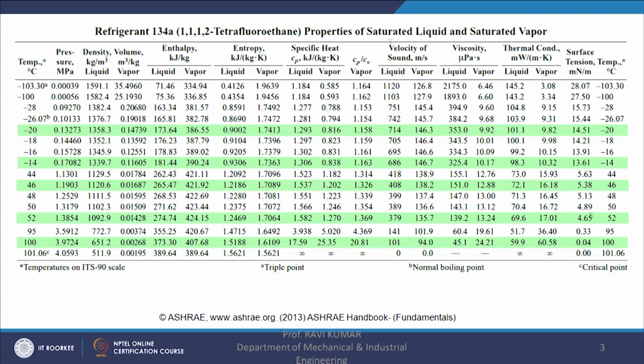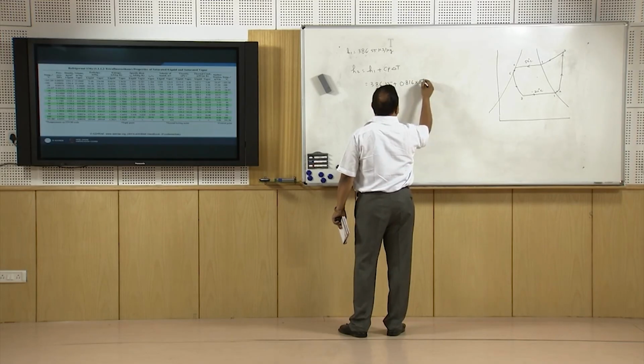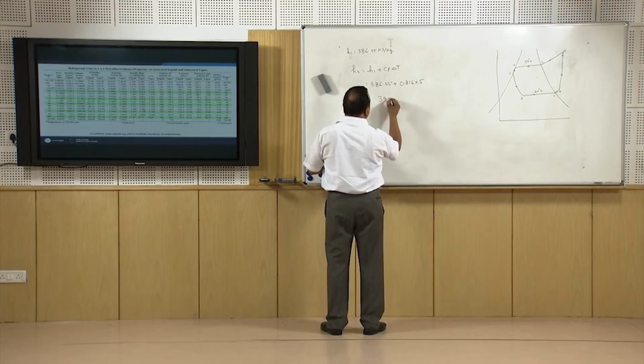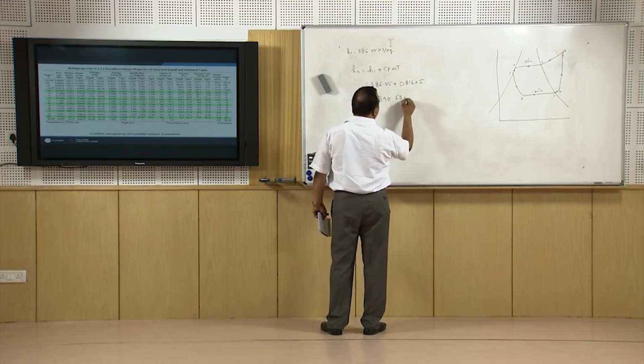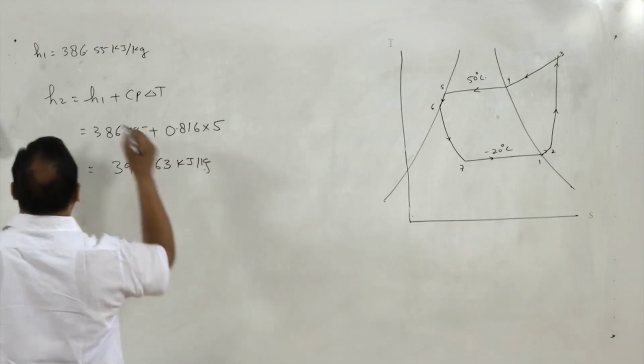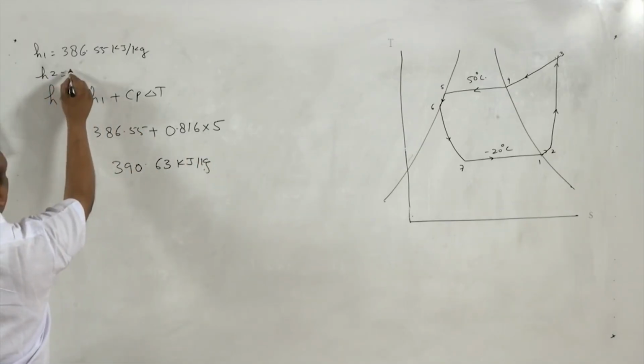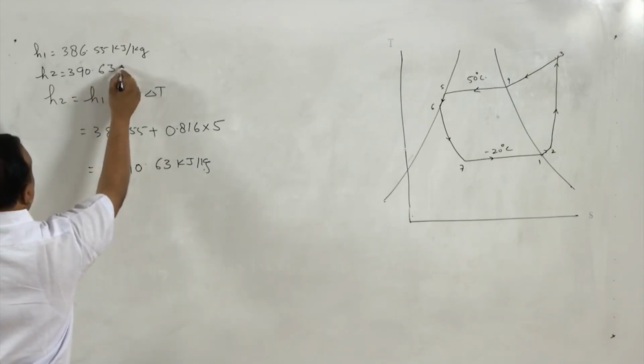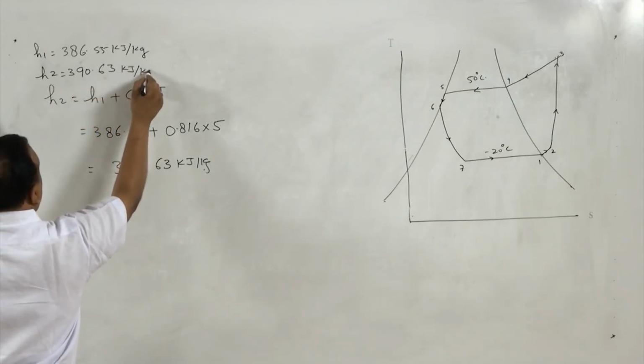This value can be taken from the properties chart. At minus 20 degrees centigrade, specific heat of R134A is 0.816. Delta T is 5 degrees centigrade. That gives the value of enthalpy at state 2 as 390.63 kilojoules per kg. We will note it here. H2 is equal to 390.63 kilojoules per kg.